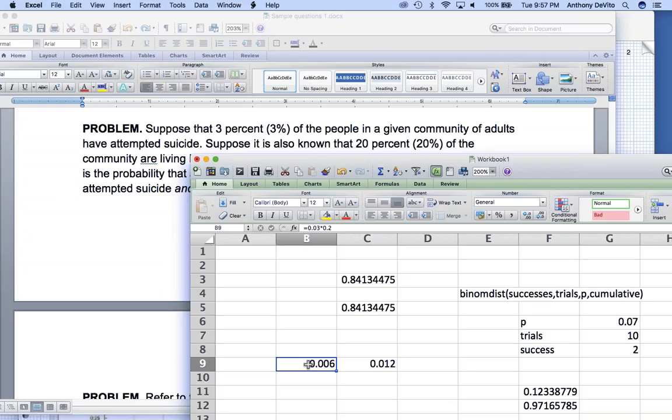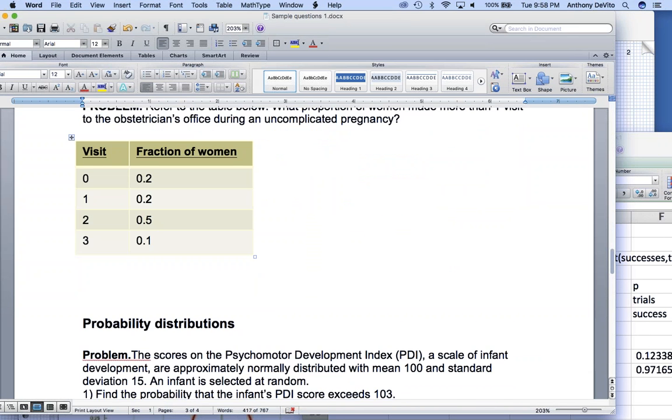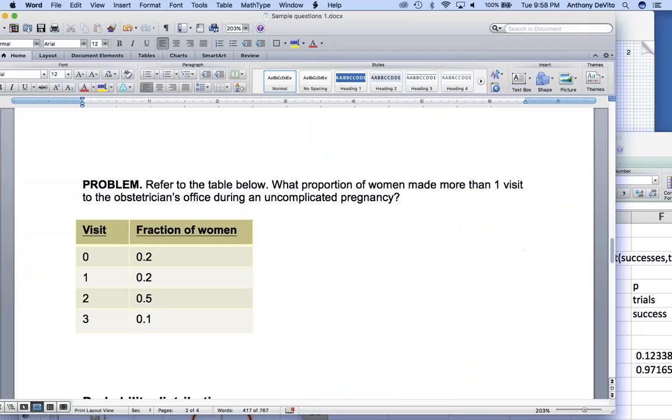If it doesn't come out with this result by multiplying the two probabilities, it would suggest that they're not independent. In this case, a person living below the poverty level is more likely to have attempted suicide than a person not living below the poverty level, or vice versa, for that matter. So you might see something like that on a test. You might get a little curve where it asks you to make a judgment like that.